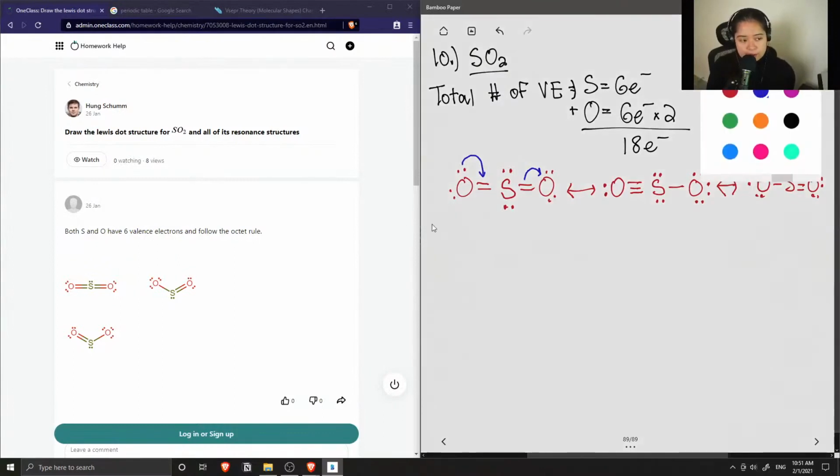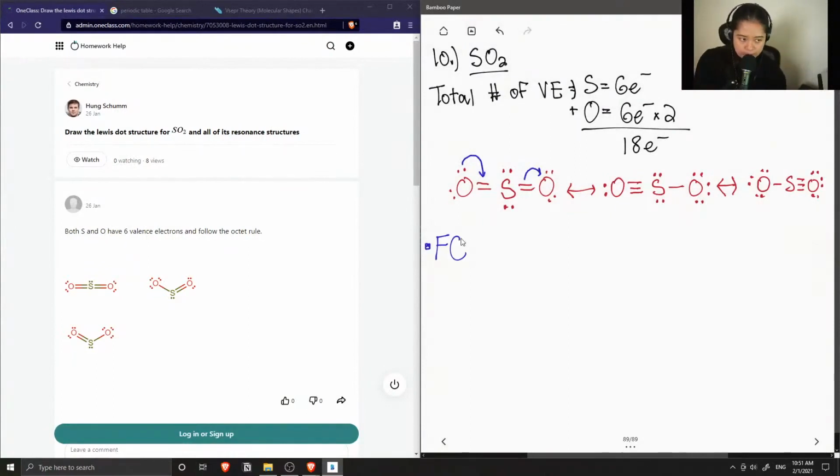And if we calculated the formal charge of these atoms, so formal charge is equal to the number of valence electrons minus the number of non-bonding electrons minus the number of bonding electrons divided by 2.